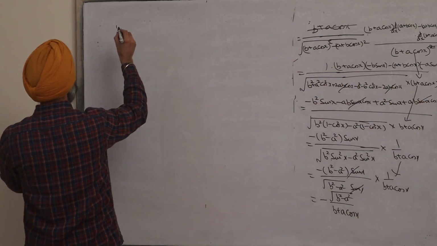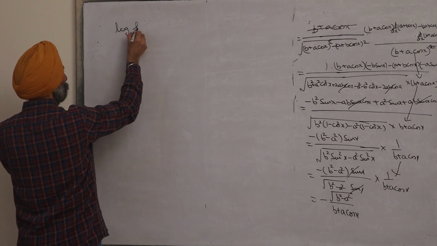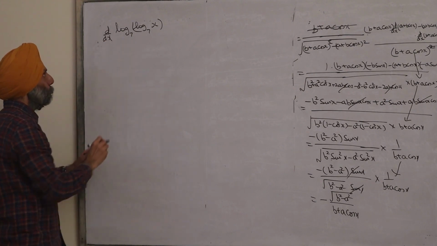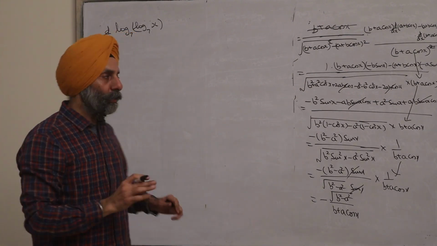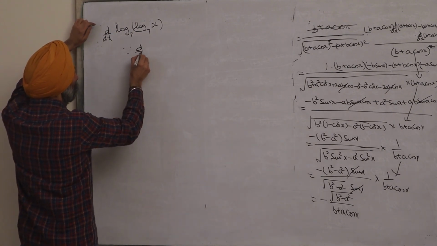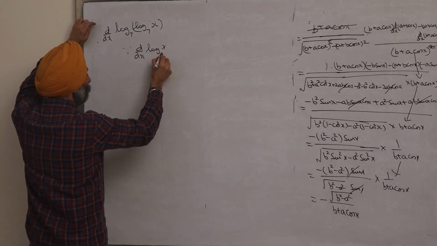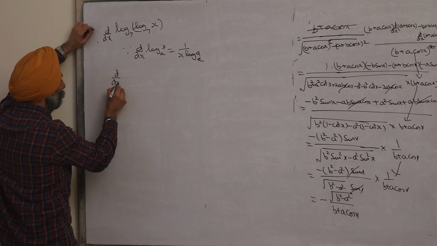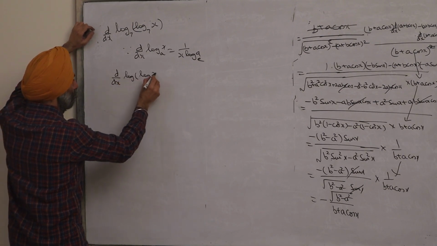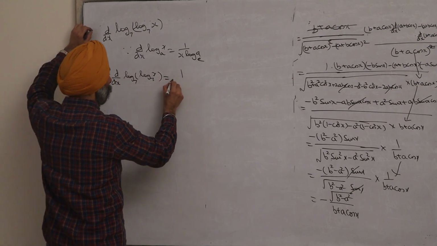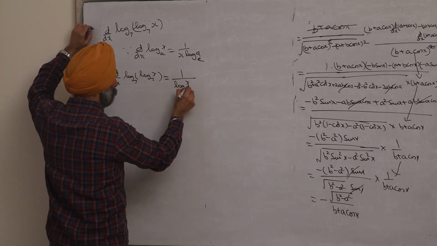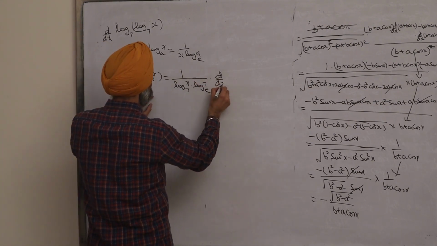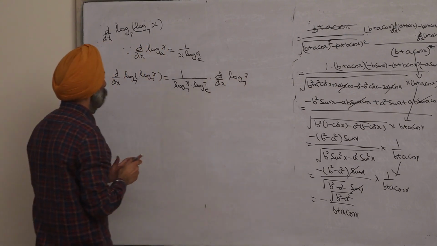Now next is, for example, we want to differentiate log to the base 7 of x. First of all, the formula I am going to use here is d over dx of log of x to the base a is 1 over x log of a to the base e, which means that d over dx of log of x to the base 7 is 1 over log of x to the base 7 into log of 7 to the base e into the differential of log of x to the base 7.